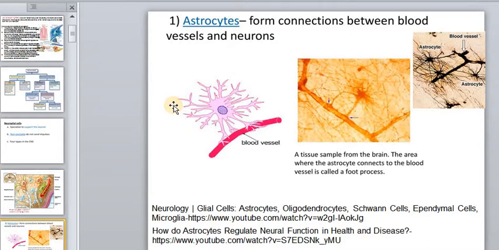They have a regulatory role in brain functions that are implicated in neurogenesis and synaptogenesis, controlling blood-brain barrier permeability and maintaining extracellular homeostasis.